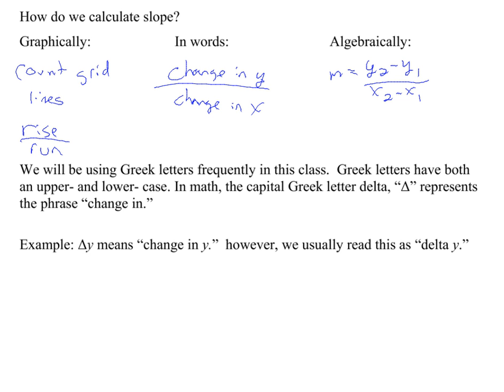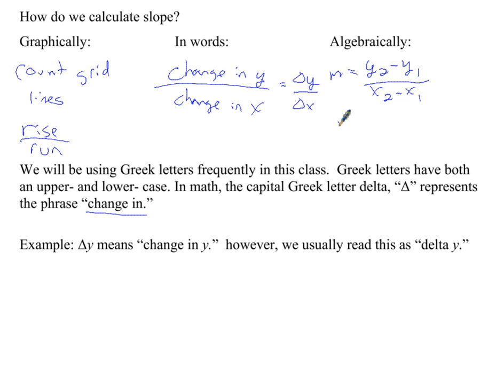In math, the capital Greek letter delta looks like a triangle, and it represents the phrase change in. So delta y means change in y, and delta x means change in x. That is your first little piece of calculus notation.